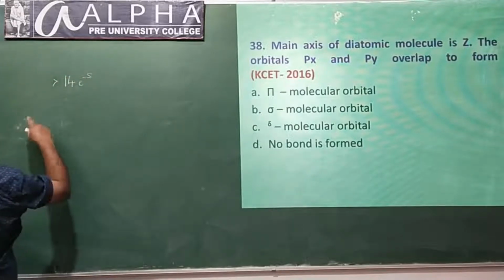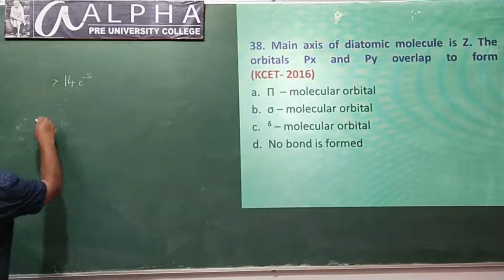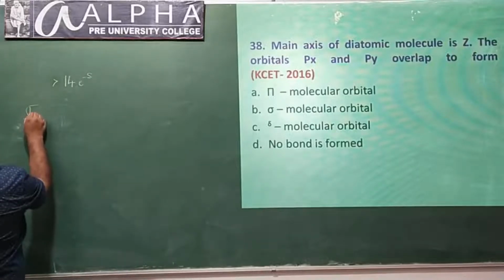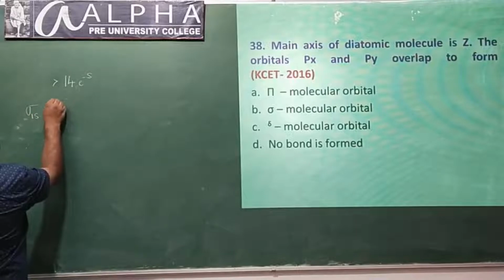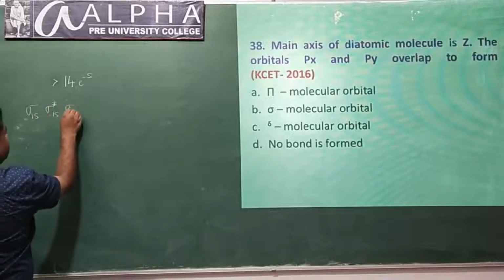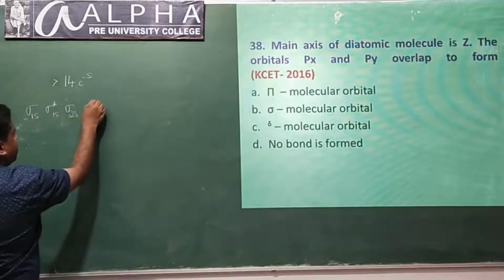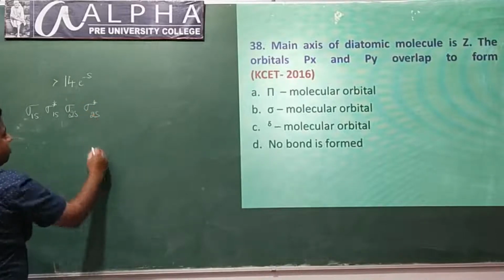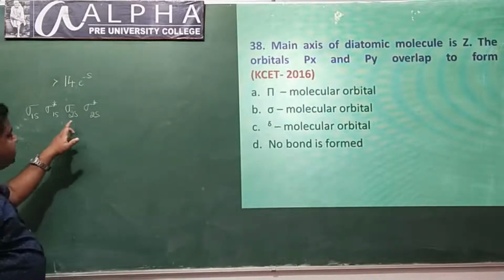The way we used to write it is sigma 1s, sigma star 1s, sigma 2s, sigma star 2s. There is no problem with 1s and 2s.